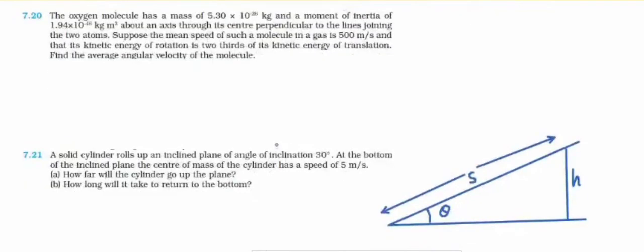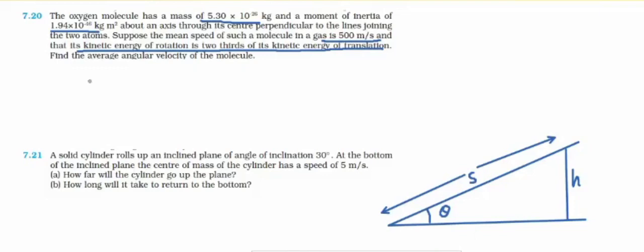Then next, question 20. Oxygen molecule mass is given. Moment of inertia I is also given. The mean speed of such a molecule in a gas is 500 meter per second. The speed is also given. And its kinetic energy of rotation is 2/3 of kinetic energy of translation.